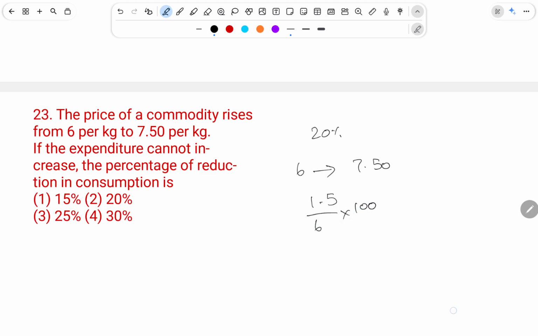So now how many times is it? 0.25 means 25% increase. To bring back 25%, what should I do? 25 by 125 into 100, because 100 plus 25. 25 ones 5, 5 ones 5, 20%.